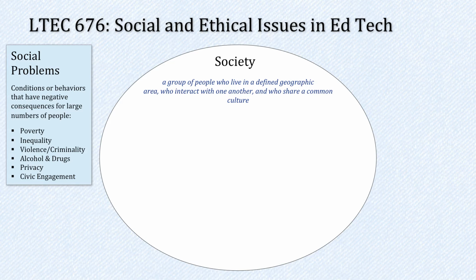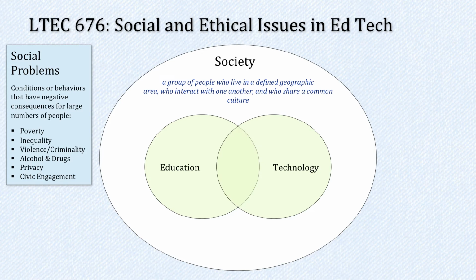Instead, they develop any number of institutions designed to improve conditions for members of the group. As educators, we all know that one of the main institutions in modern society is formal education. And that's the social institution that we use to teach our children basic academic knowledge, learning skills, and cultural norms. Another institution, which is more emergent in nature, is technology.